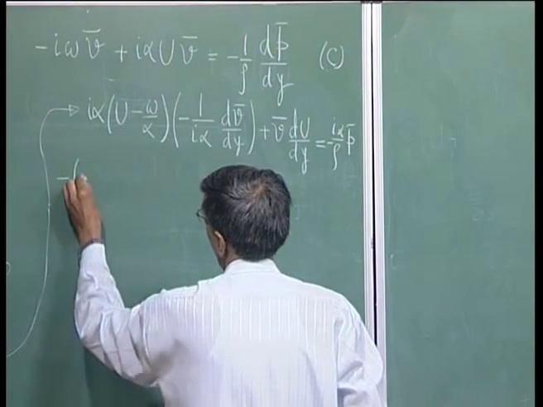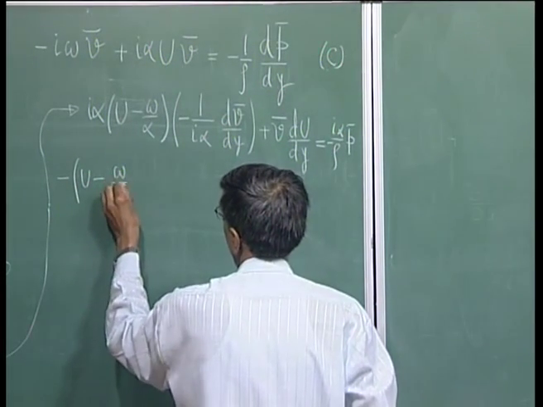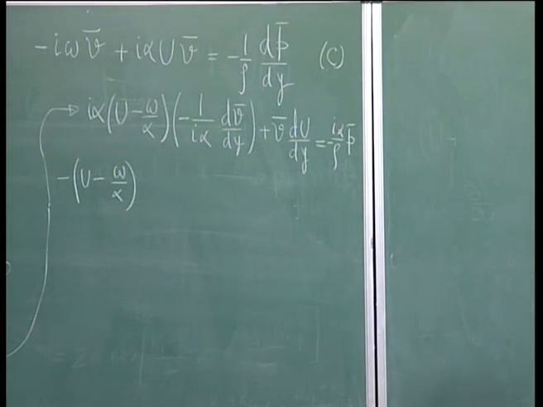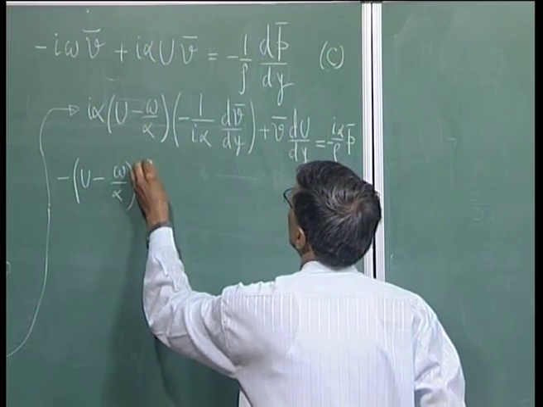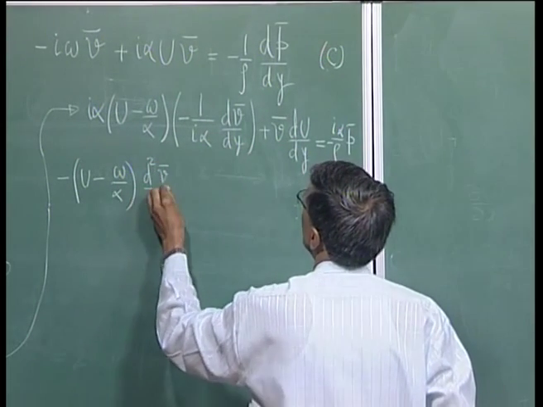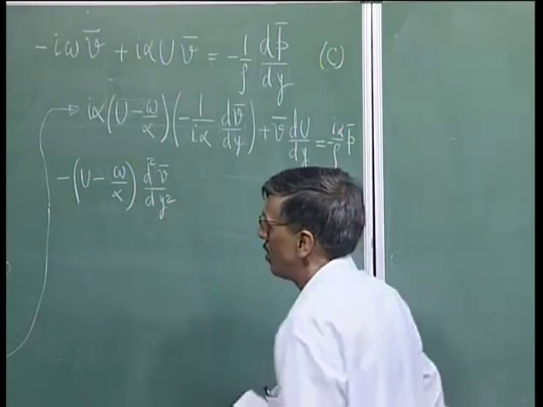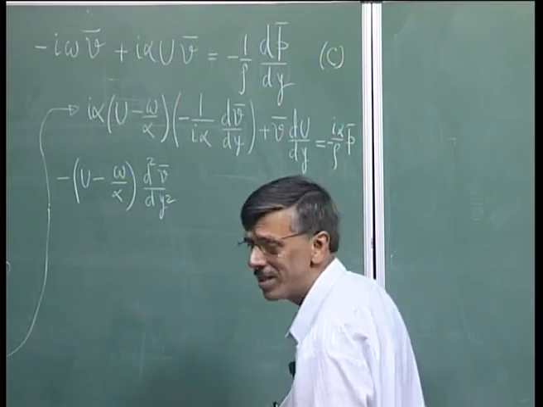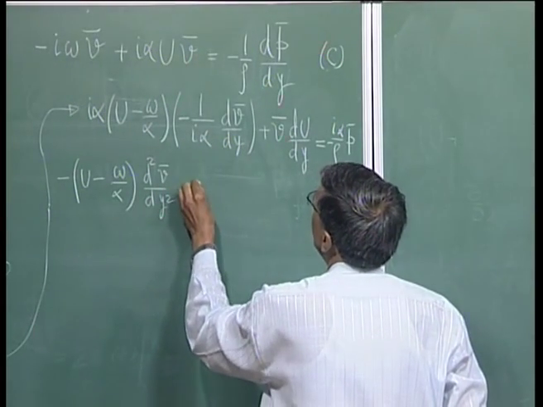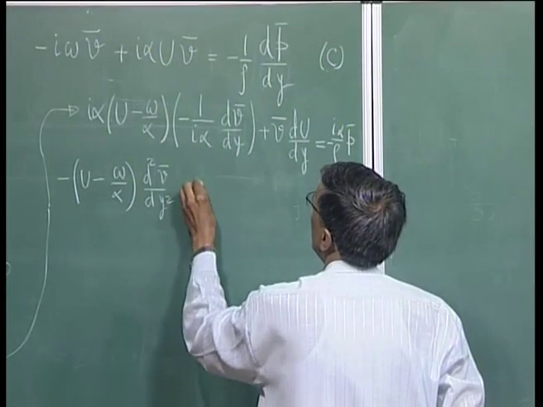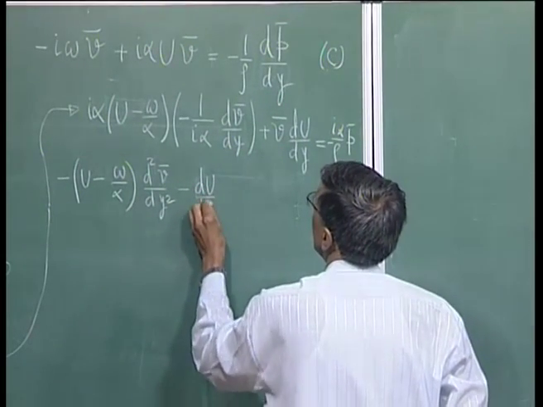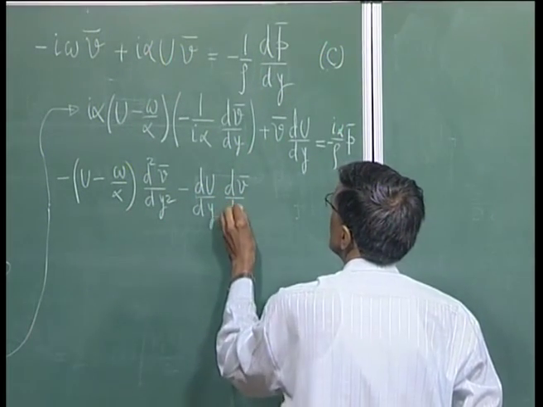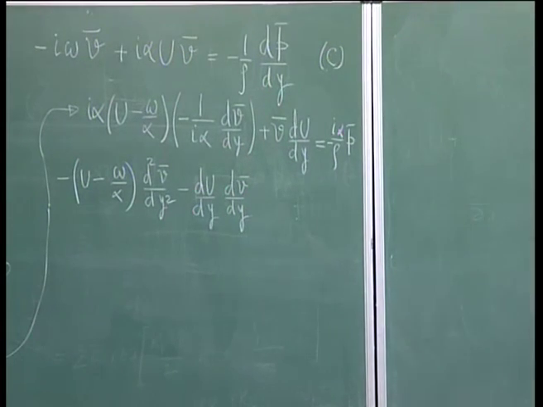Minus u minus omega by alpha, and we are differentiating it with respect to y. So I will get d2 v bar dy square, but please note u is also a function of y, right? So I will also get another term which will be du dy into dv bar dy. That we will get.